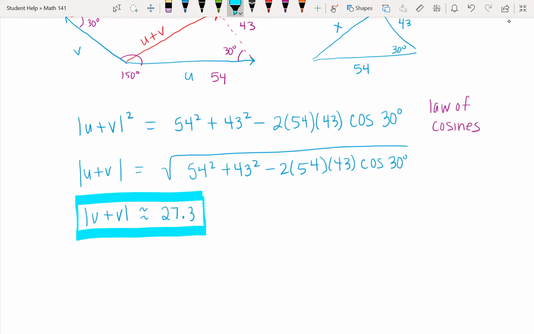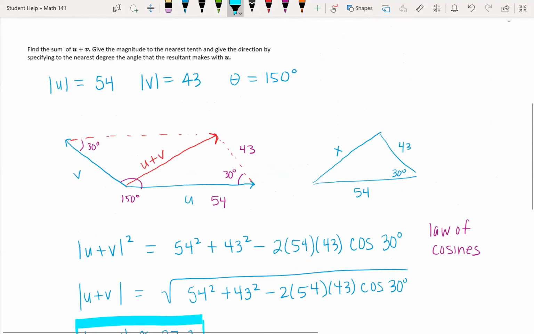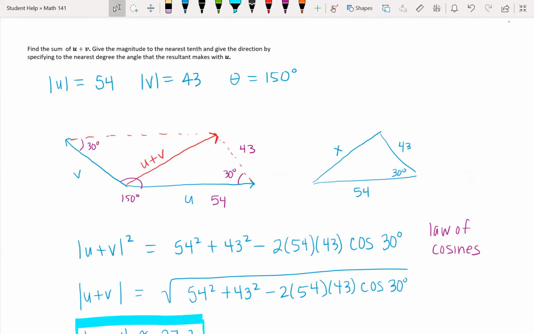The second part was asking us to find the angle between the resultant vector and the vector u, in this case, the longer vector. So they're asking us to find this angle right here. Now, again, this is not necessarily a right triangle. We don't know that one of the angles is 90 degrees.